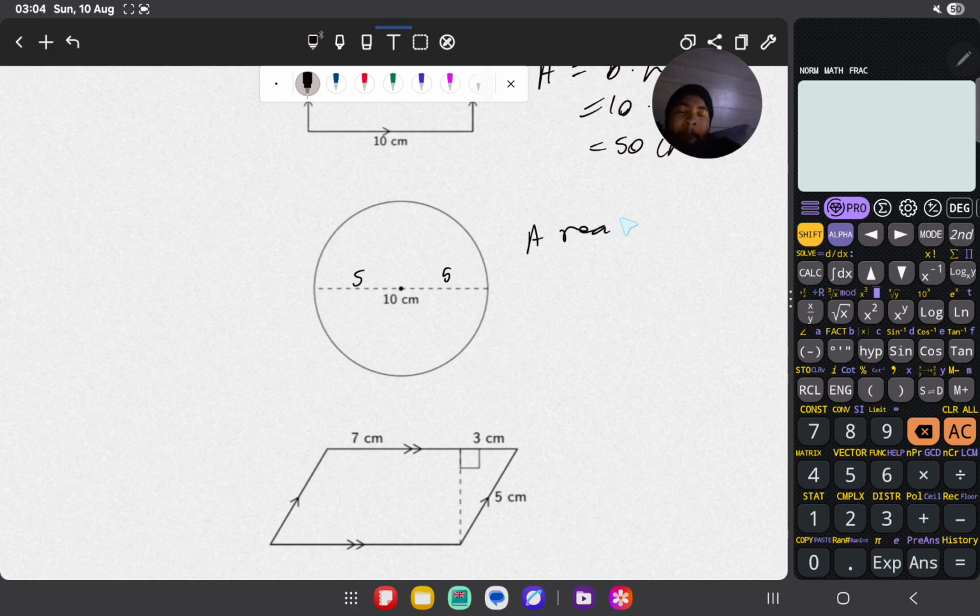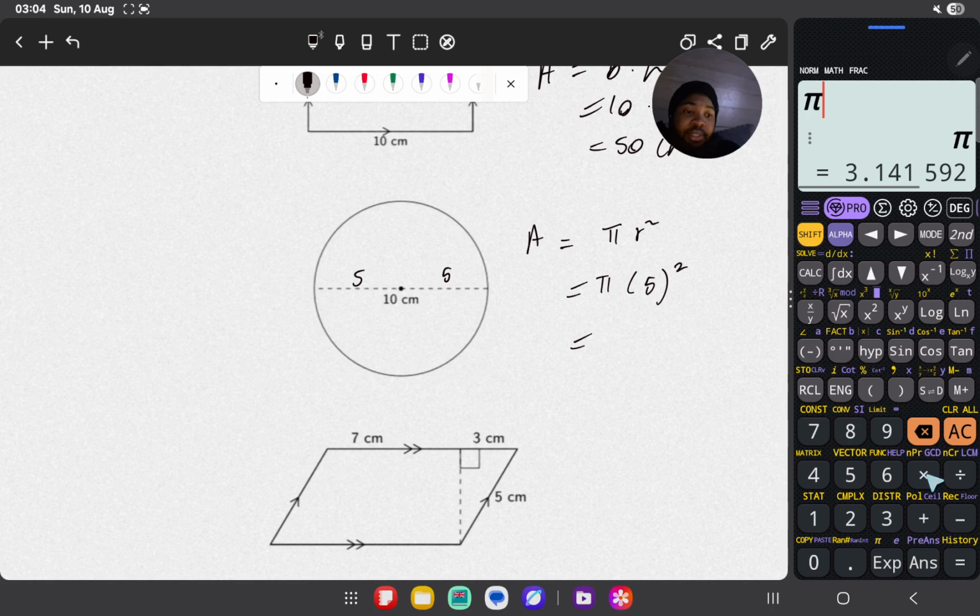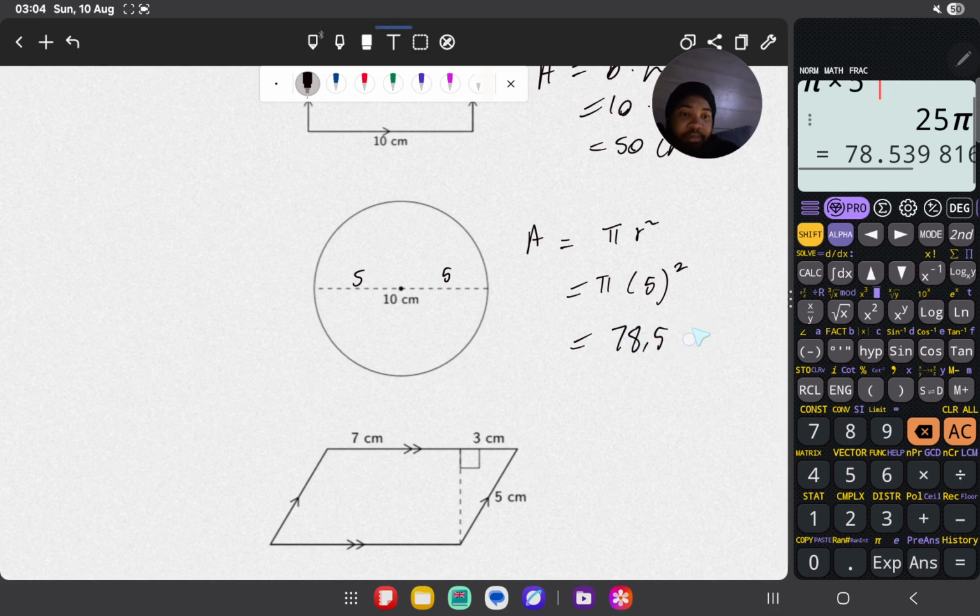Area is pi radius squared, so that is pi 5 squared, so shift pi, multiply by 5 squared, it's 25 pi, or you can say 78.54 centimeters squared.